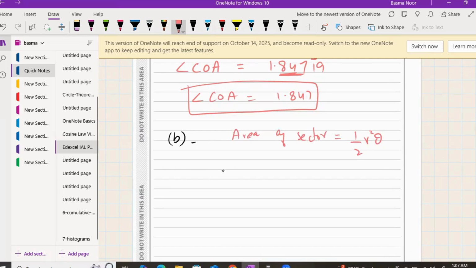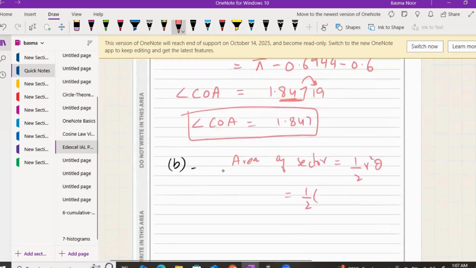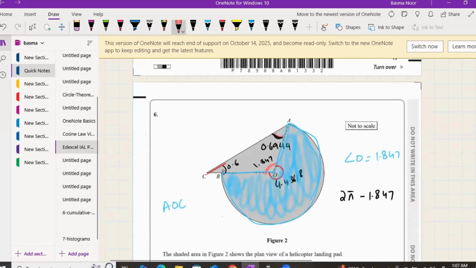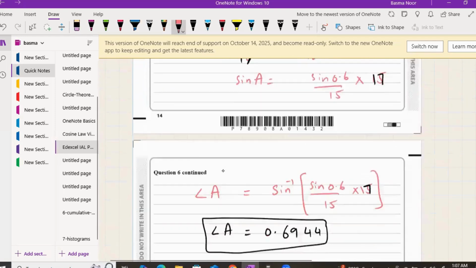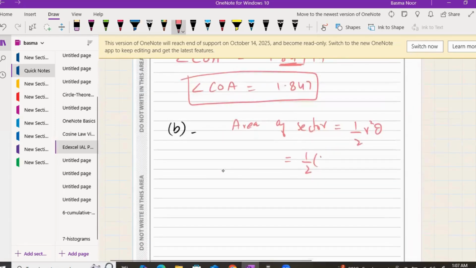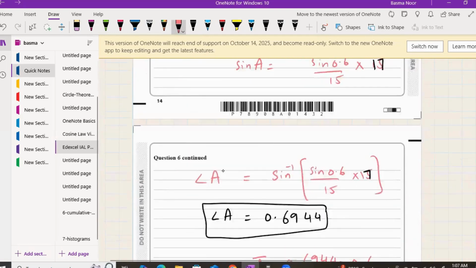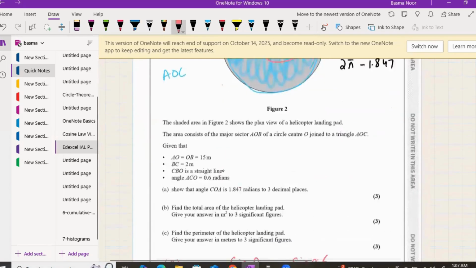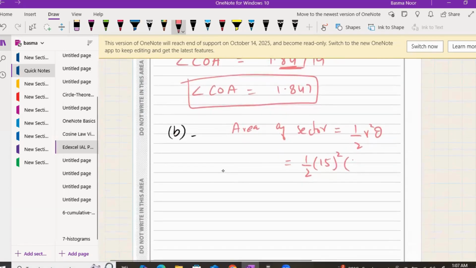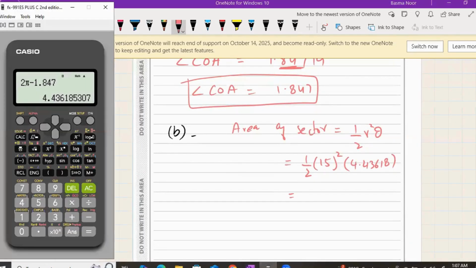This formula is used when you are taking the angle in radians. You know r already for the circle, which is 15, since OA and OB are 15. So half times 15 squared times theta, the angle subtended at the center by the radii, which is 4.43618.